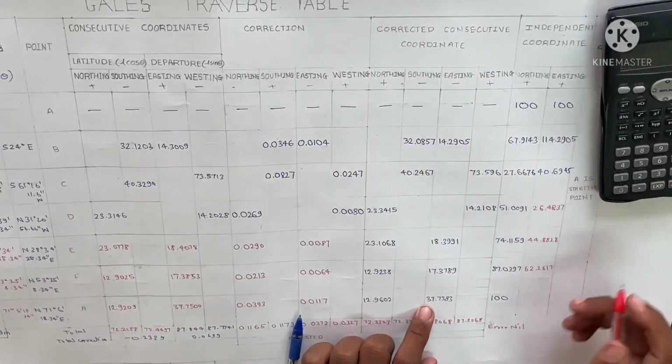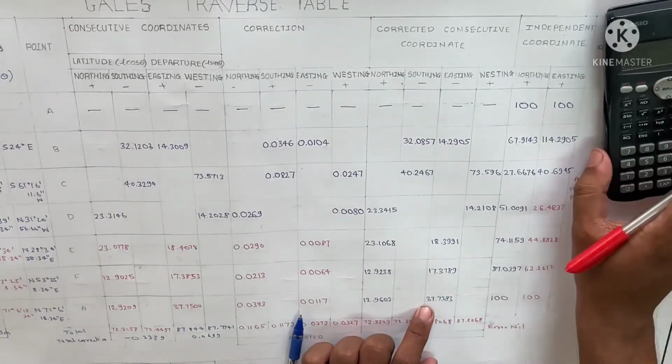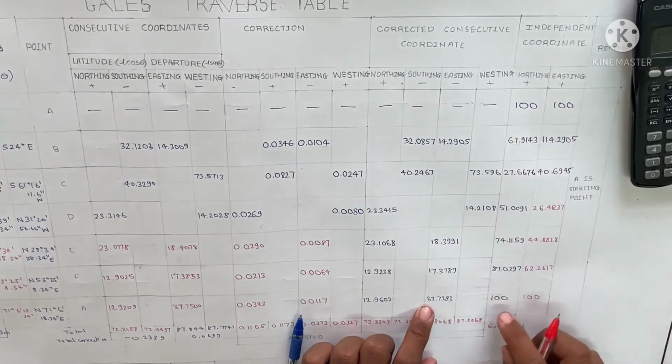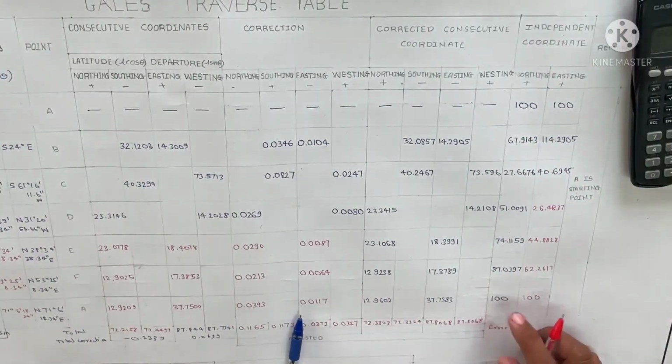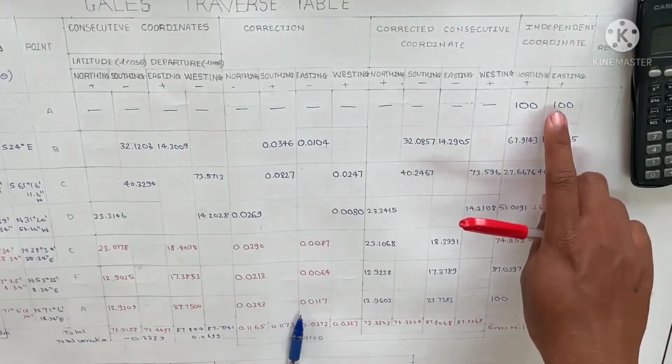Here you can see it comes out to be 100. That is the starting coordinate which we assumed, 100, and at the last it comes out to be 100.